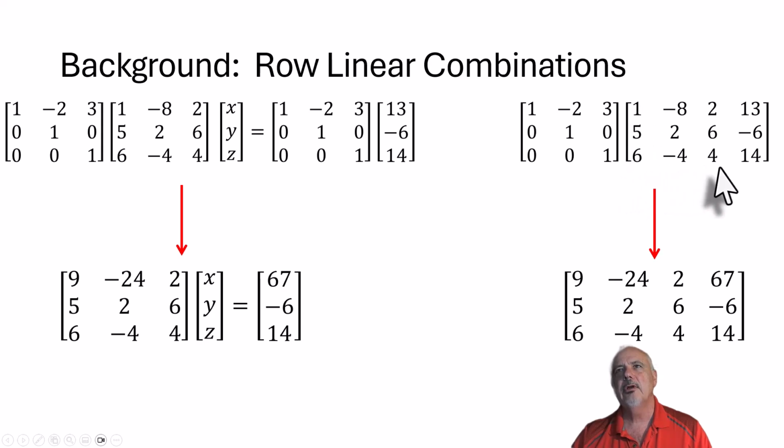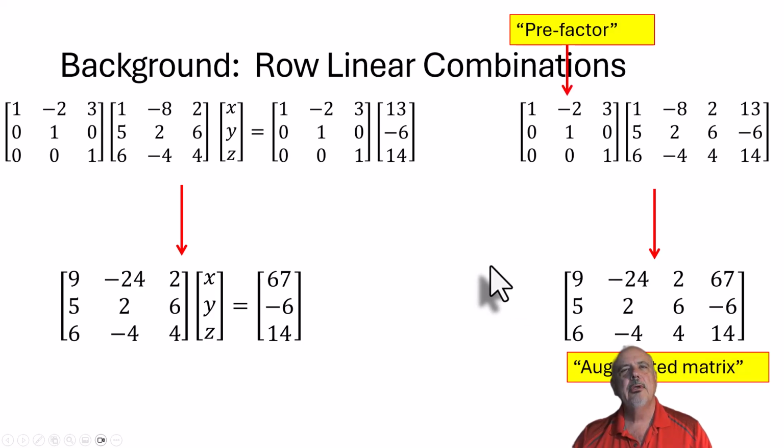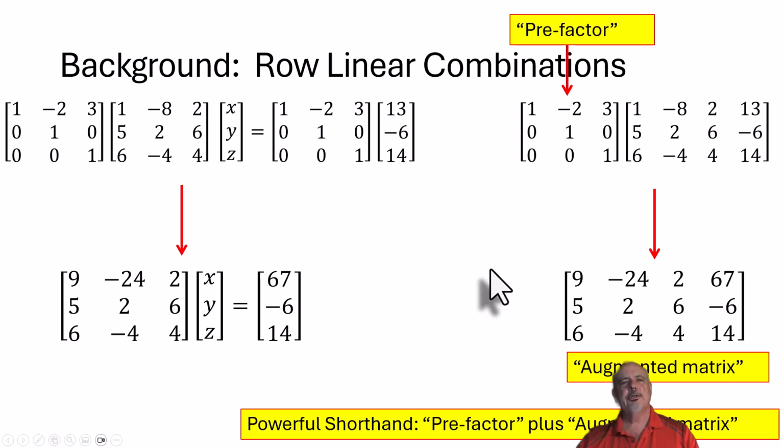I've done all of these columns to create that mutated row there. And then the second and third rows are the same. So there you go. So very powerful shorthand, and just kind of seeing how the prefactors work.